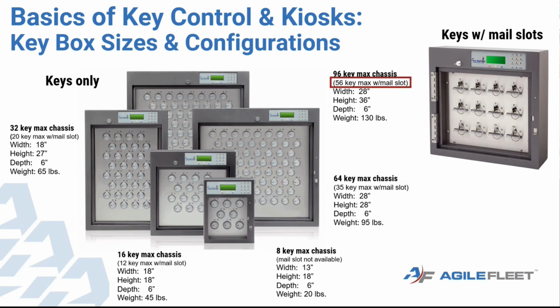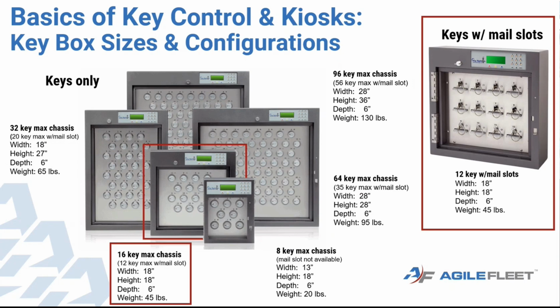As you can see here, that 96 key chassis would only allow for 56 keys with mail slots, and you can see how that reduces each of these particular boxes. The one I'm showing here uses the 16 key chassis, and it reduces that down to a maximum of 12 keys with mail slots.